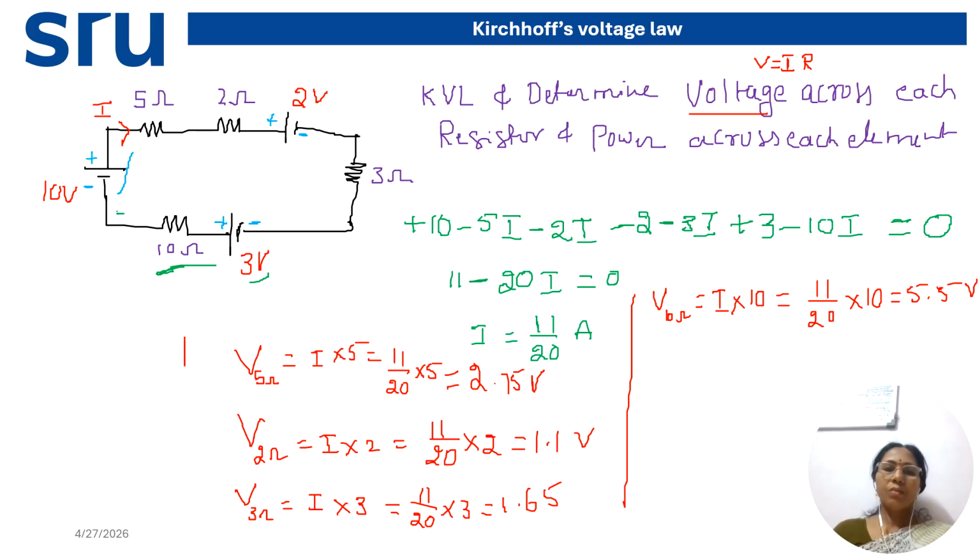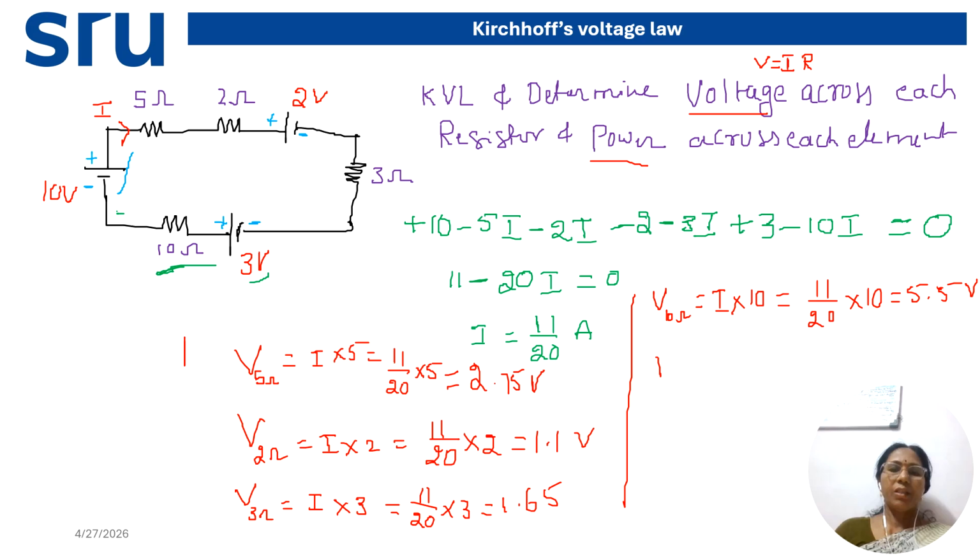So all these are voltages across each and every element, but it's not only limited to voltage. It is asked what the power is. After Ohm's law we studied the power equation. Power can be represented in three forms.